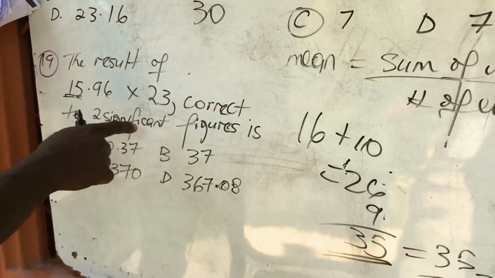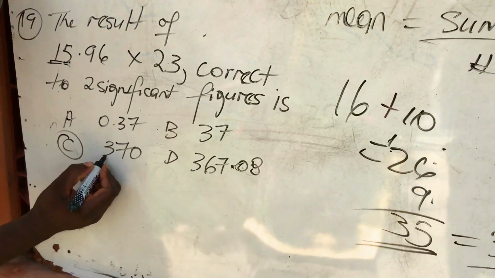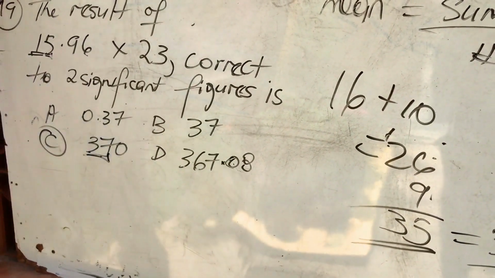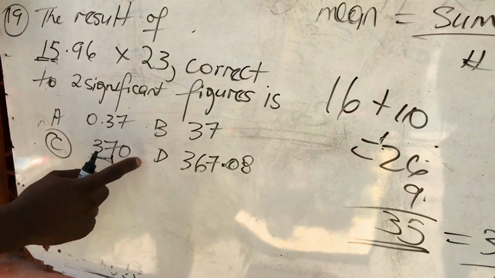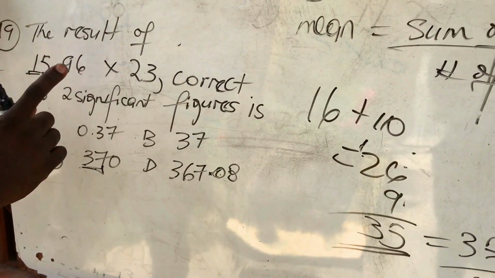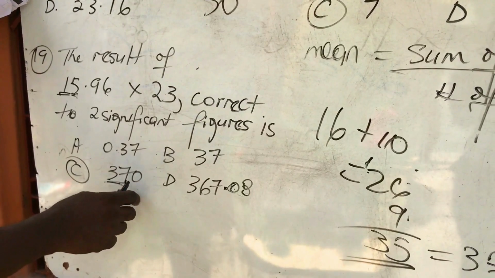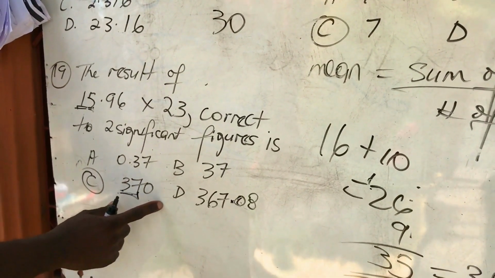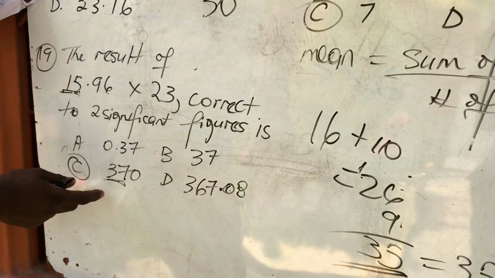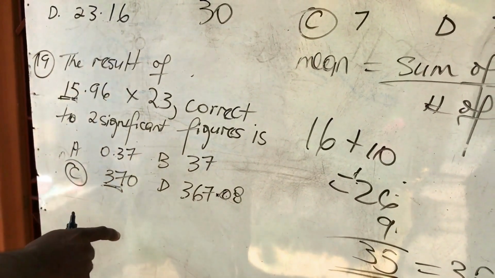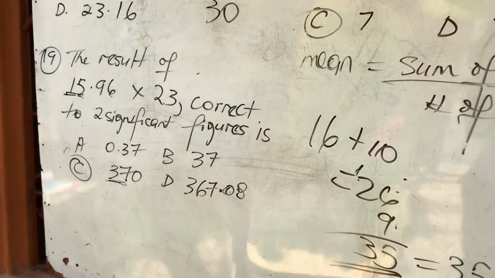So because we want it to 2 significant figures, clearly our answer is C without working it out, because the 3 and the 7 are the only 2 significant figures here, because the 0 here is not significant because it is on its own. No, it is of note that even though it is not significant, it is important in that it holds a place value. This suggests that there is 0 units, 7 tens, and actually 300. So you cannot remove the 0 from this. It will change the value of the numeral.